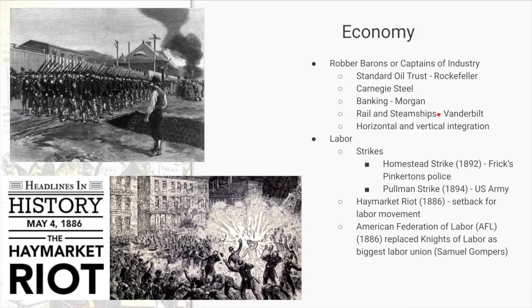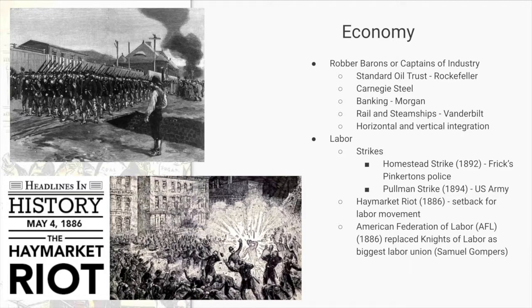Vanderbilt is eventually, he's going to start with steamships, but he will get a bunch of rail as well. And remember, we have the farmers who are pissed about the rail monopoly because they need to sell their crops, and Vanderbilt can charge them whatever he wants, and that's going to lead to populists, and we'll get to that in a second.